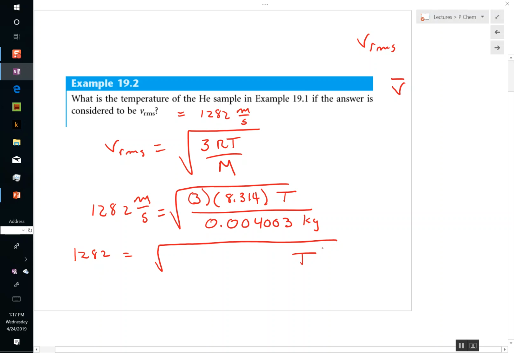Now, these you just have to work through units-wise. We have the number 3, and we're going to have joules per mole Kelvin times T over kilograms.